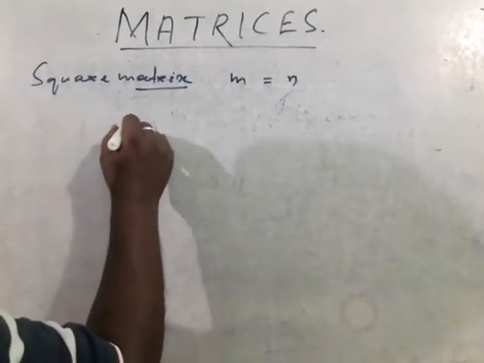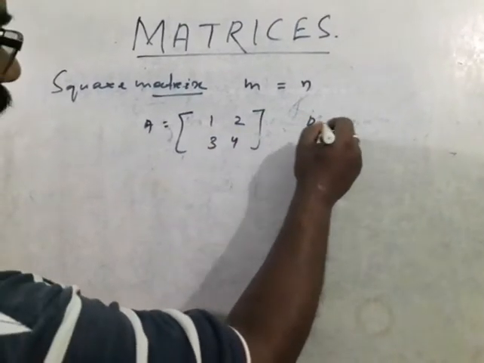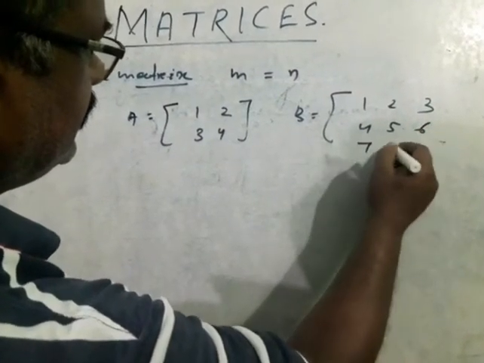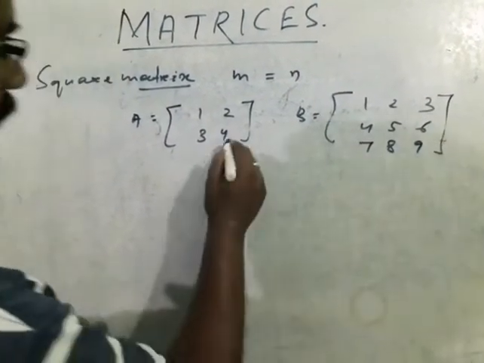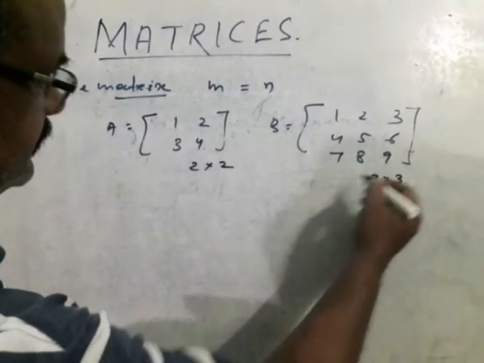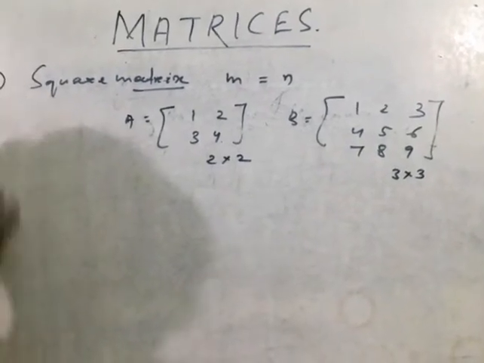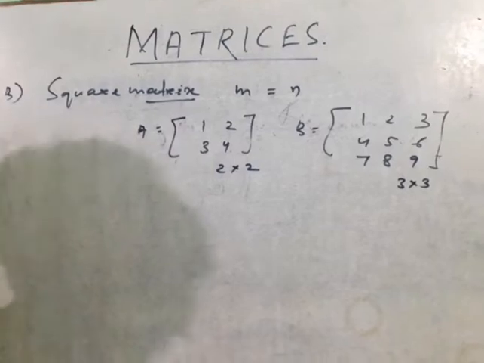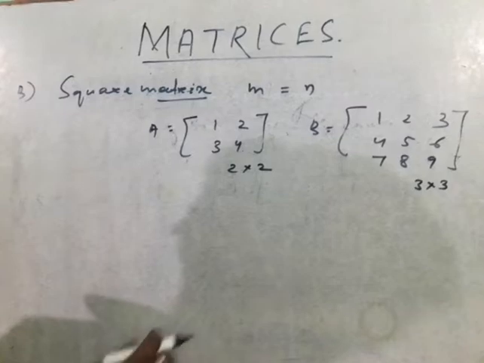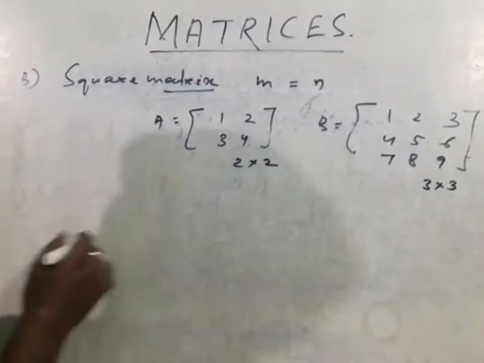For example, A is equal to 1, 2, 3, 4, or B is equal to 1, 2, 3, 4, 5, 6, 7, 8, 9. This is a 2 by 2 matrix, and this is a 3 by 3 matrix. So these are square matrices. First category is the rectangular matrix, where the number of rows is not equal to the number of columns. Second is the square matrix, where rows and columns are the same.